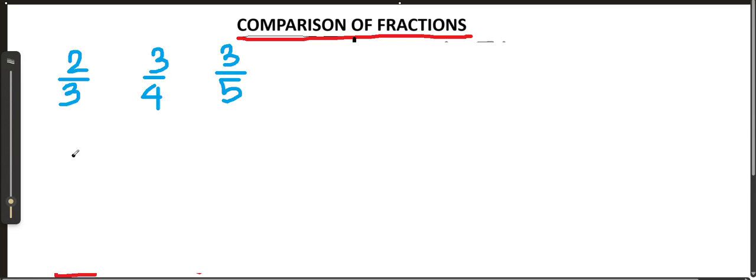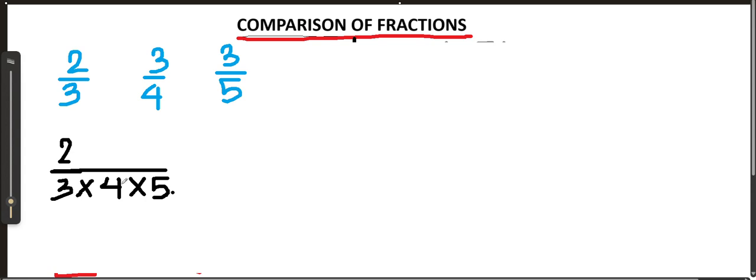Let's do that. So I have 2/3. If I want to make the denominators equal, I shall be multiplying the first fraction, that is 2/3. I'm going to multiply the denominator with a 4 and a 5 because we have two other fractions as well.